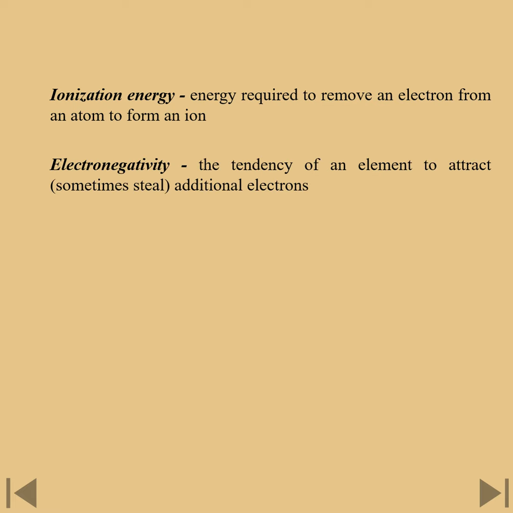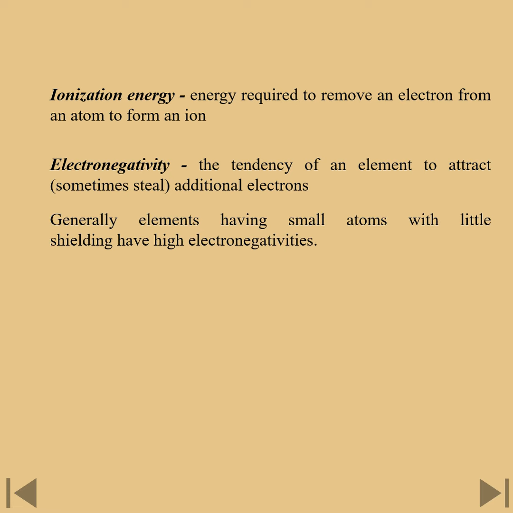Then we have electronegativity, which is the tendency or the ability of an atom to attract additional electrons. And additional is the key word here. So we saw how oxygen wants to gain more electrons. It wants to gain additional electrons beyond its normal neutral amount. And we're going to see that, again, those smaller atoms can attract electrons much more intensely than the bigger atoms.